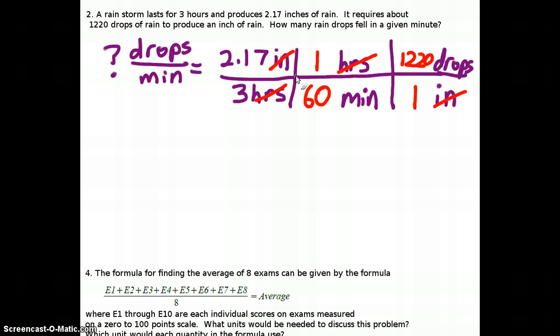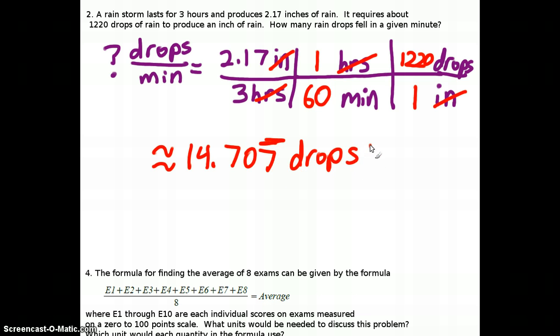So on our calculator, we're just going to do 2.17 times 1,220 divided by 3 divided by 60. When we do that, we get approximately 14.707 repeating drops per minute.